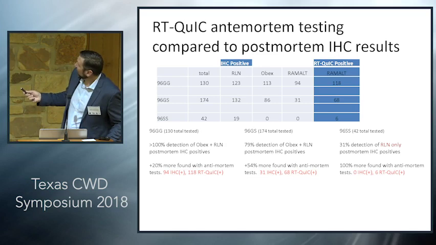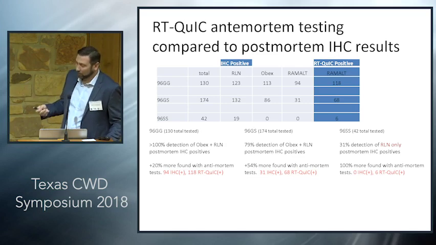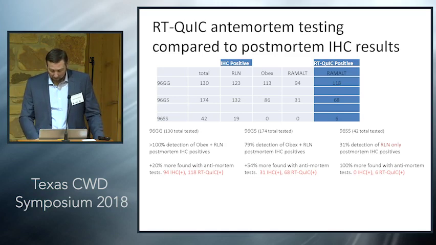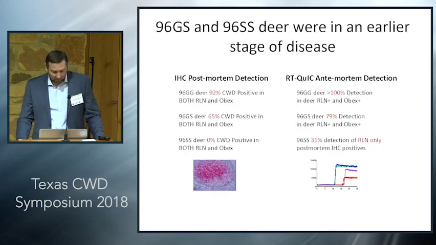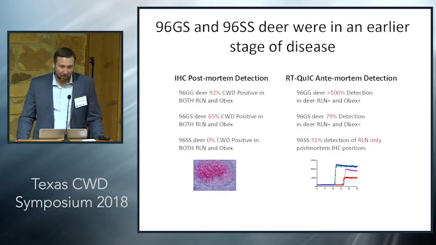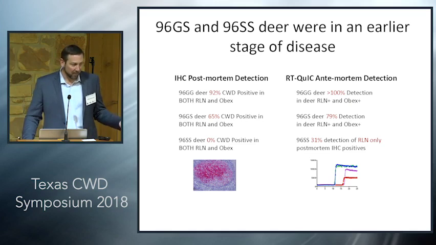And I mentioned that for the SS, there were 0 detected by IHC and 6 detected by RT-QuIC in that group. So there's 100% more detected than IHC. So in these deer, as I was saying, the percentage of animals that were OBEX and lymph node positive decreased as you increased resistance.